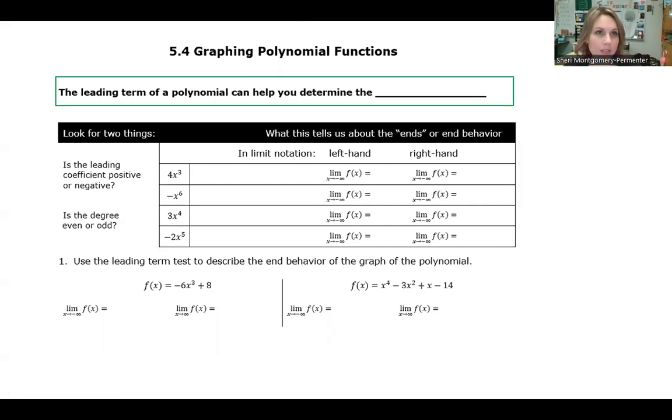The things that we are learning today is some new stuff. The first little box up there says the leading term of a polynomial can help you determine the end behavior.